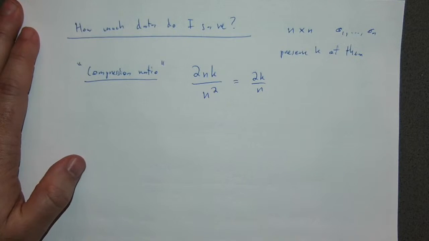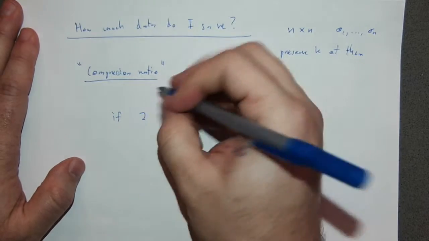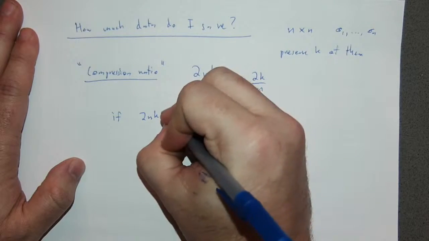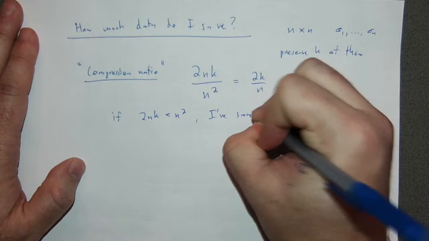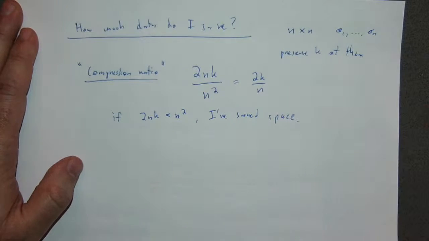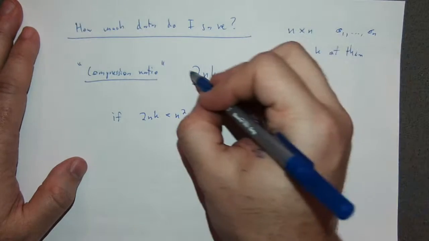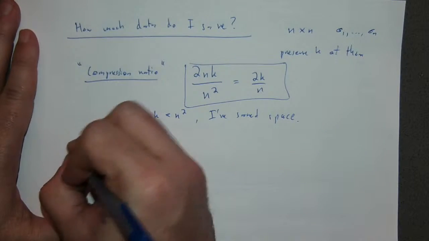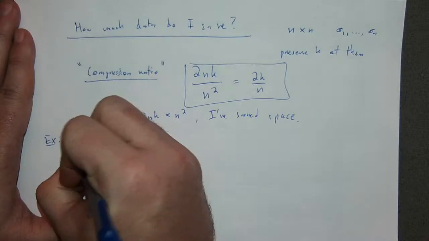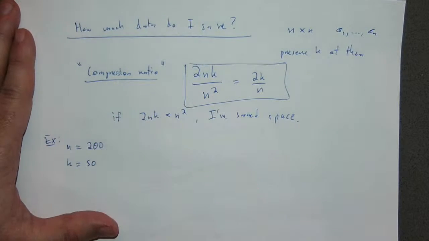Note that if 2nk is less than n squared, I've saved space. So this is my compression ratio, which I can compute in that example. In the example we did, n is 200 and k was 50.